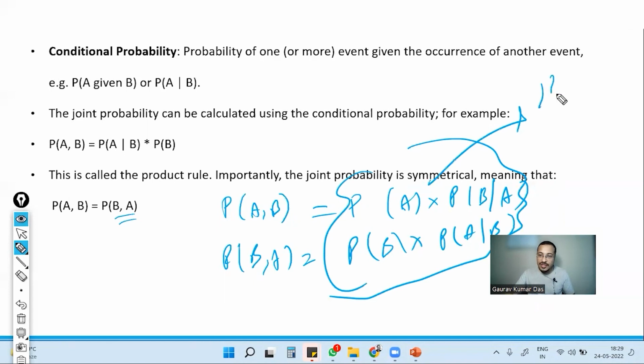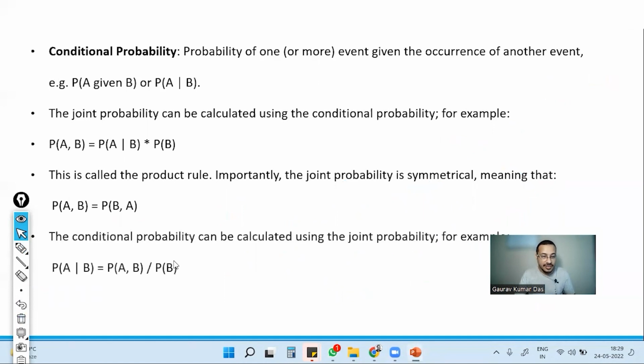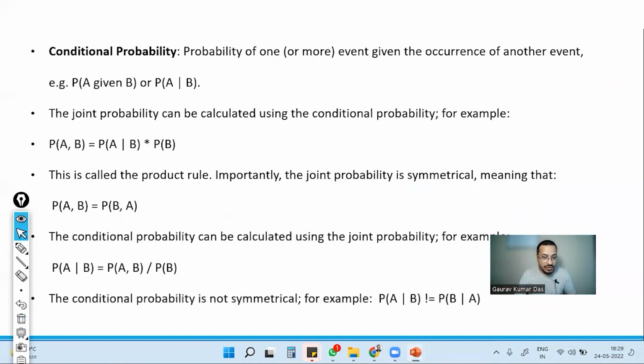And this leads to Bayes' theorem, as I just mentioned in the previous slides, right? Okay. This we already understood, right?